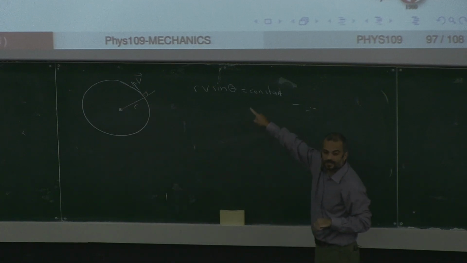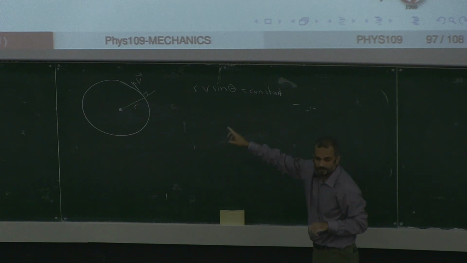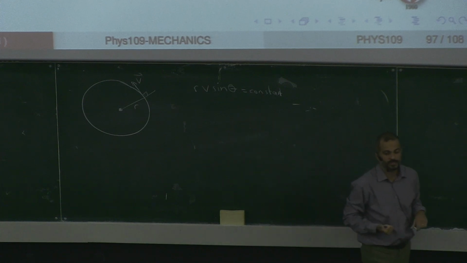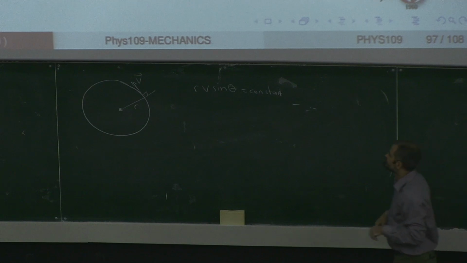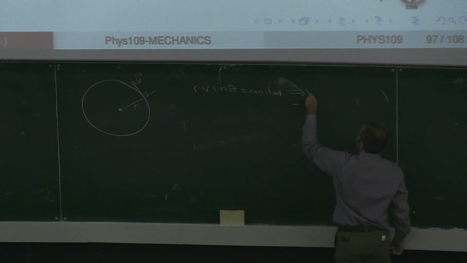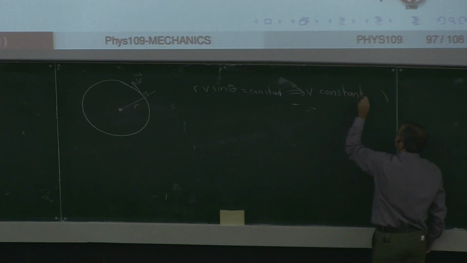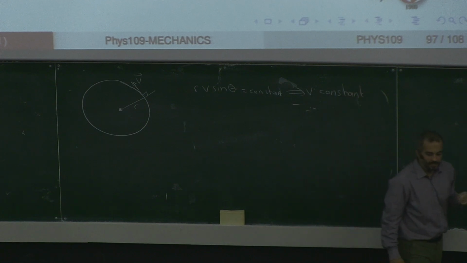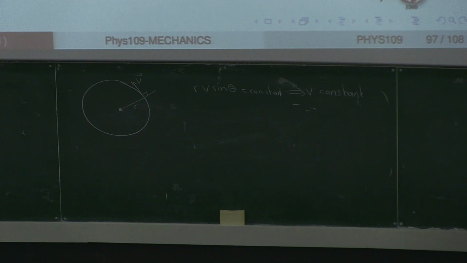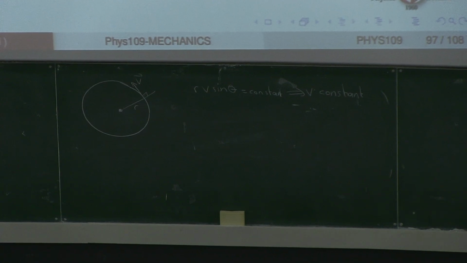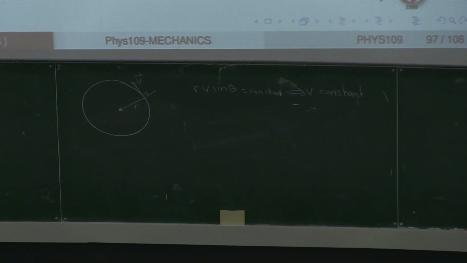So Kepler's second law tells me that if a planet moves in a circular orbit, it should have a constant speed. So Kepler's second law tells me that planets that go around a circular orbit are actually doing uniform circular motion, the motion that we studied in our last few lectures.